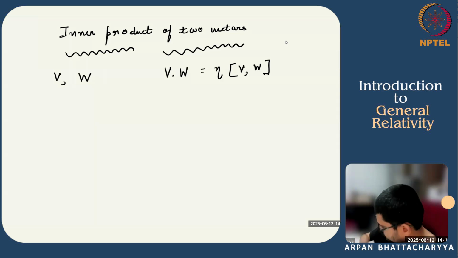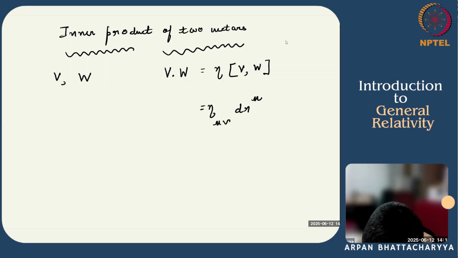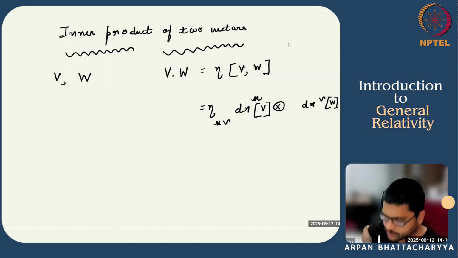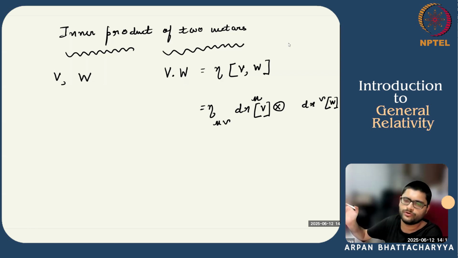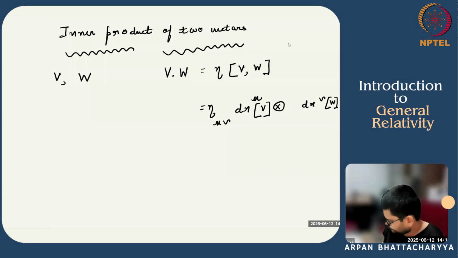Okay, so let's see what happens in terms of the component basis form. We know that η is η_μν dx^μ ⊗ dx^ν. In the first slot you have v, and in the second slot you have w. We just argued that η is symmetric, so it doesn't matter which slot we put v and which we put w; we can interchange them and get the same result.